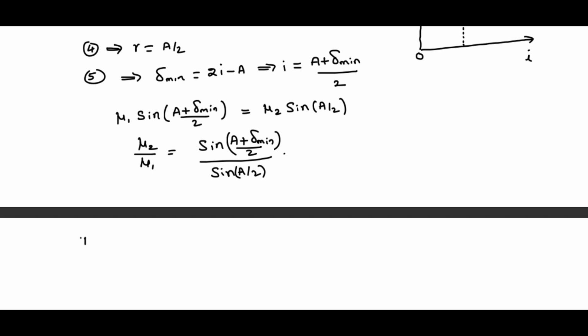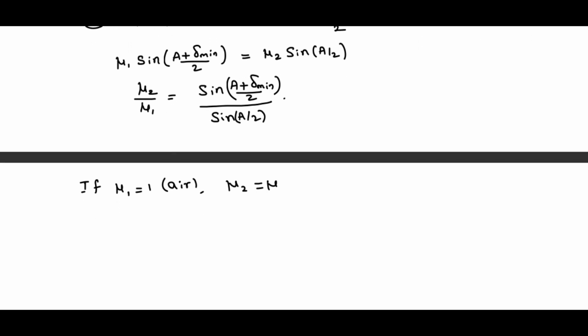If the surrounding medium of refractive index mu1 is equal to 1, that means if you are placing the prism in air, and the refractive index of the prism mu2 is mu, then the above expression becomes mu is equal to sine of (A plus delta minimum) divided by 2 by sine A by 2.